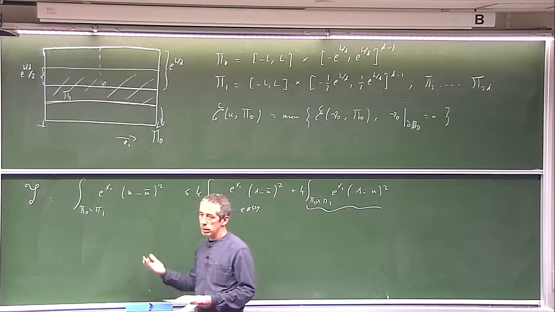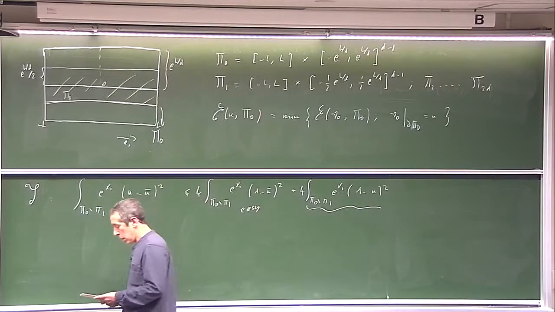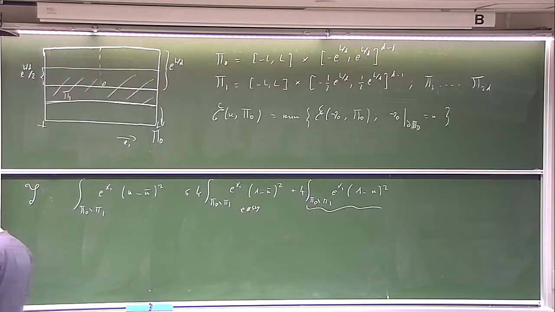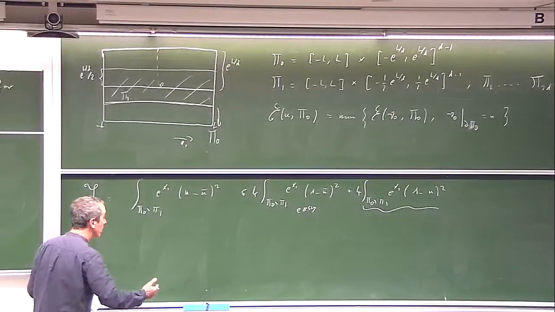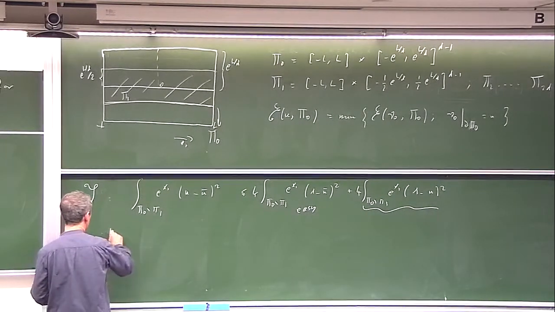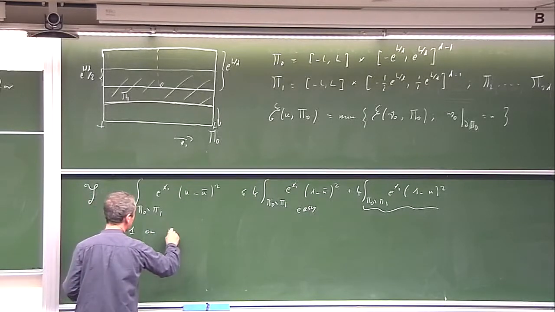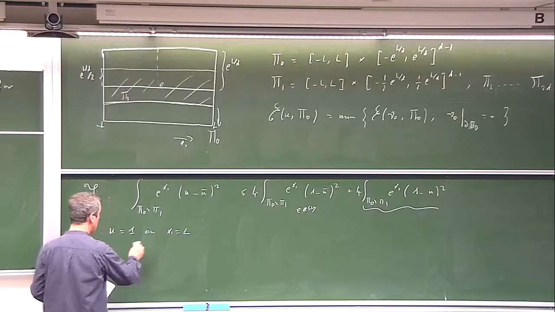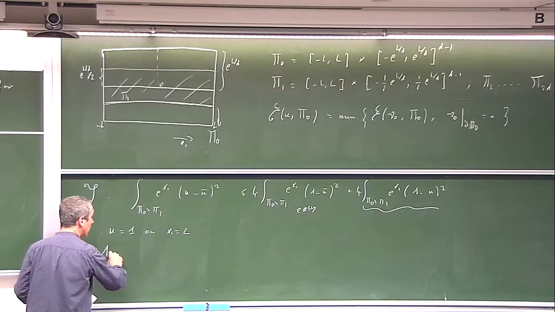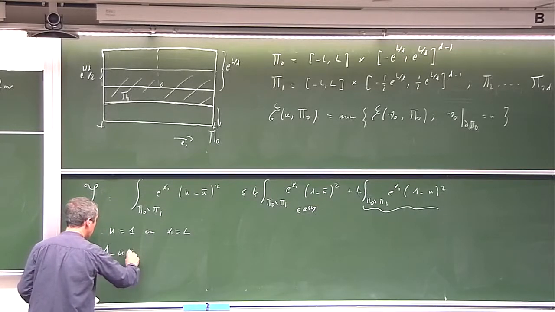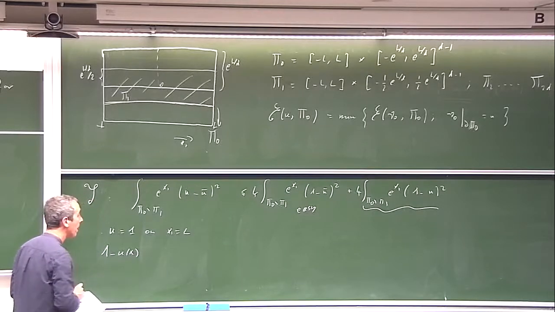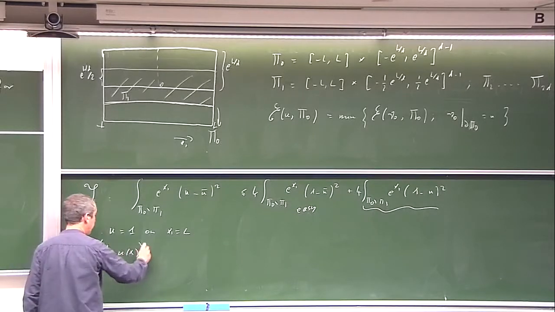Now we do the same thing as in dimension 1. So to estimate this term, we just remember that u equals 1 on the set where x1 equals L. So when we look at 1 minus u of x, let's say square.